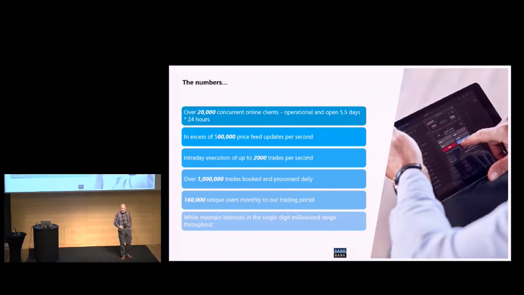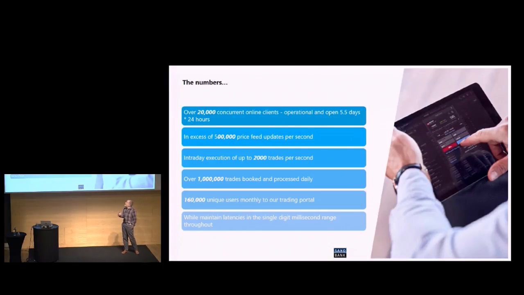We are seeing in excess of 20,000 concurrent online users. We are operational and open 5.5 days, 25 hours a day, which means there is no downtime, and apart from the weekend, no time to upgrade the system.